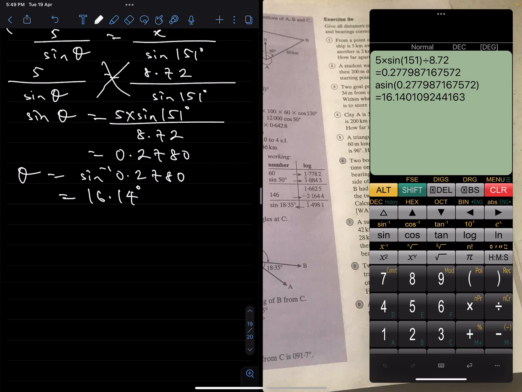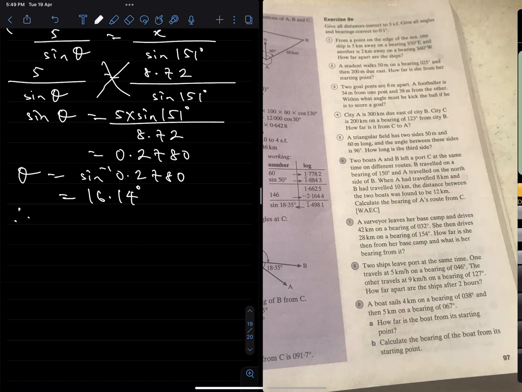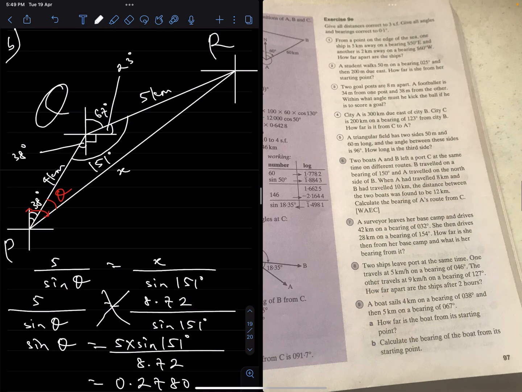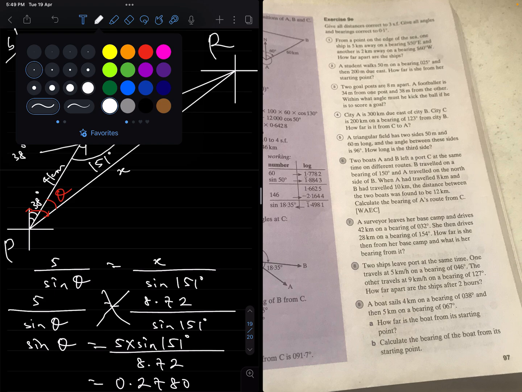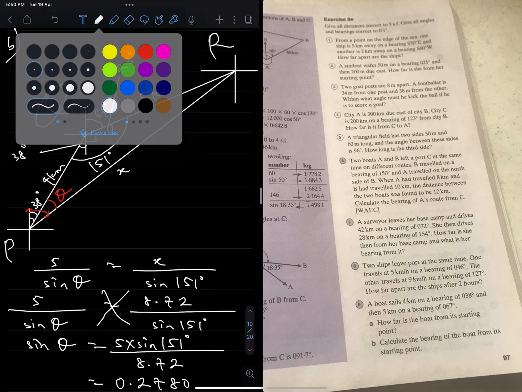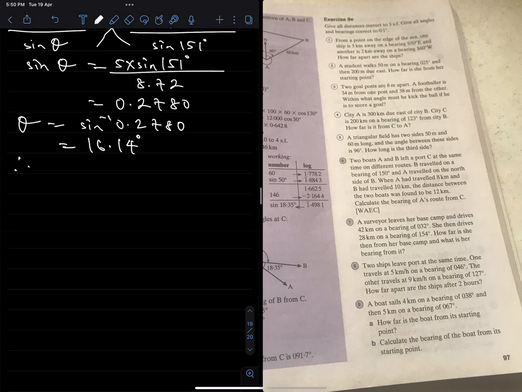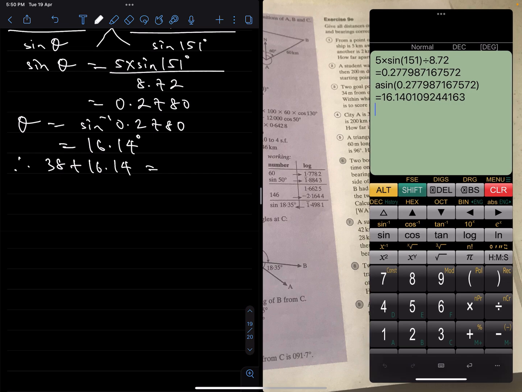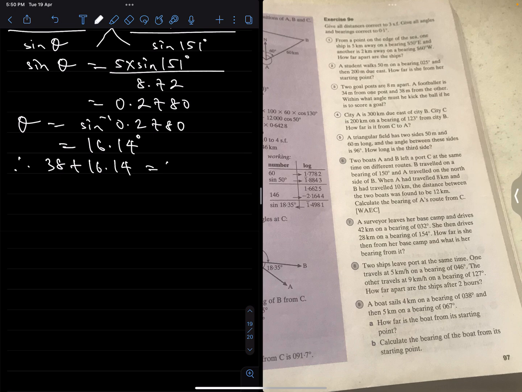That's equal to 16.14 degrees. So therefore the bearing of the boat from its starting point, the whole of this, 38 plus theta, is now going to be 38 plus 16.14 degrees, and that's 54.14 degrees.